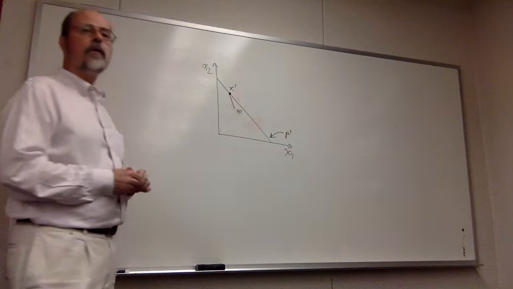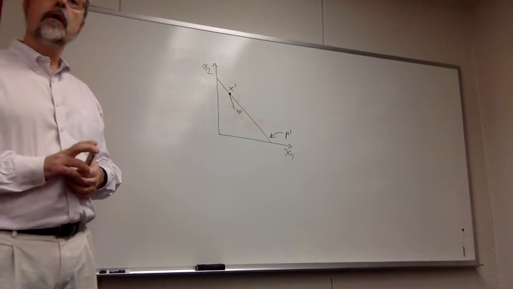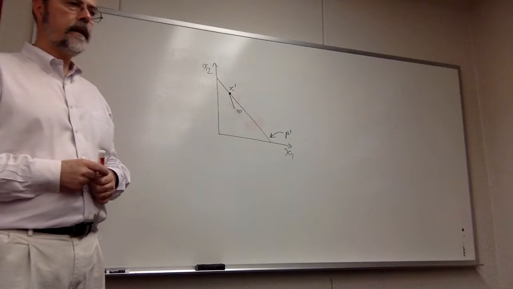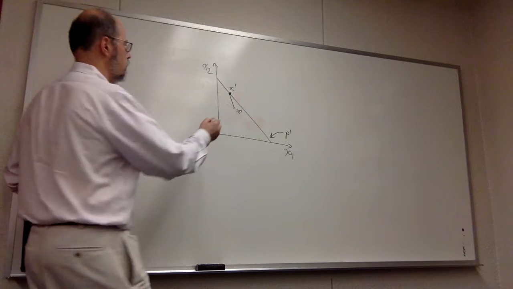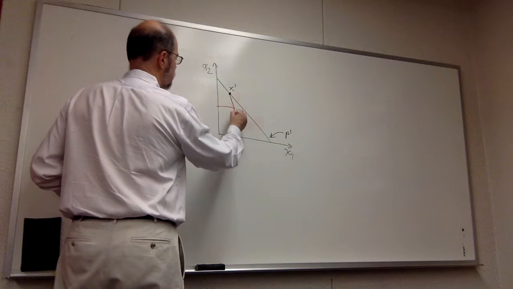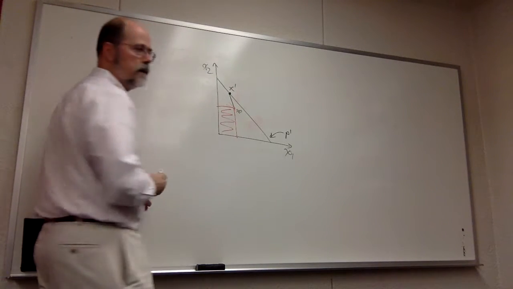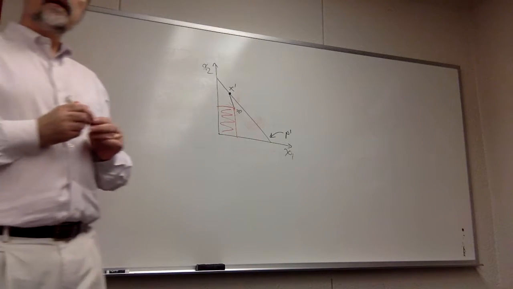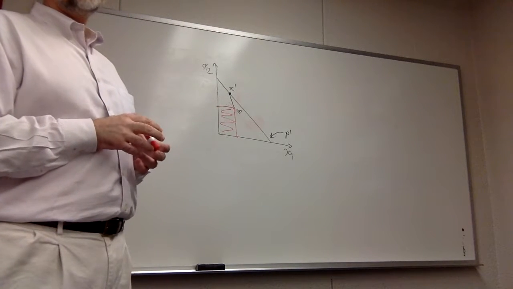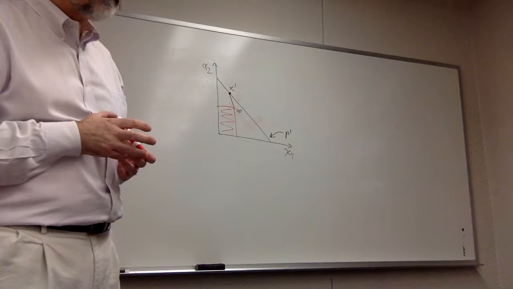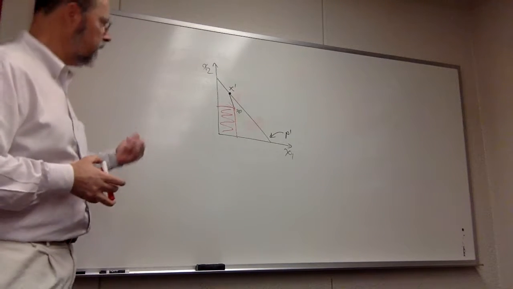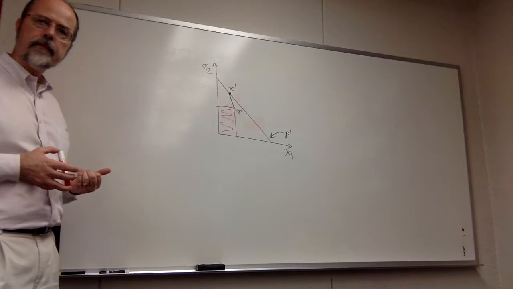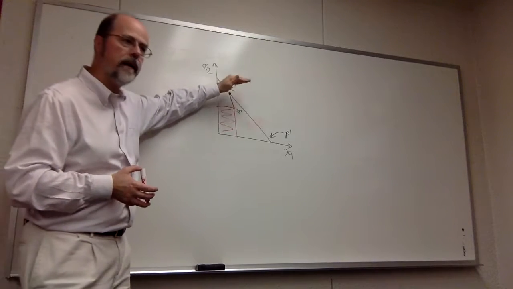What is the set of points that you know for sure will always be cheaper than x0? Well, if I go horizontally and vertically, all of the points here, no matter what the prices are, as long as the prices are not negative, they're going to be below that budget line, no matter what the exact slope of that little red budget line is.